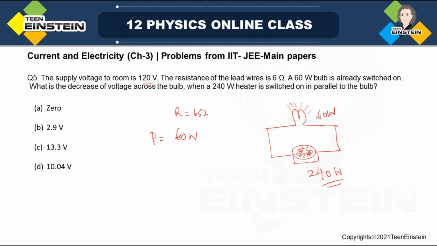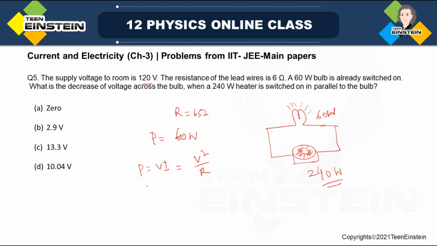So you have to find out what is the decrease of voltage across the bulb. The mains is this much. Both have their own resistances. We know P is equal to VI, or we can write V square by R, because I is not known.